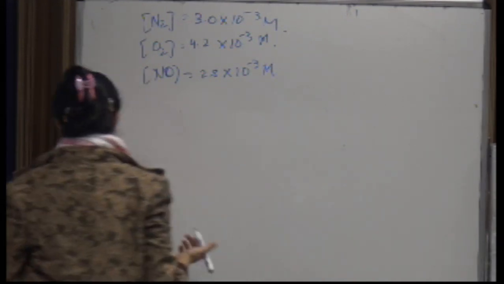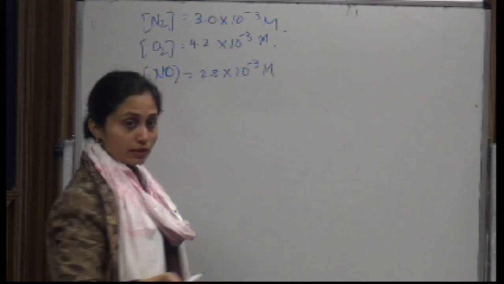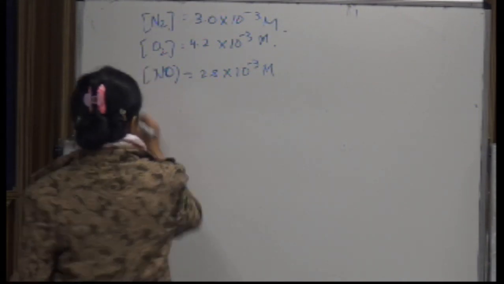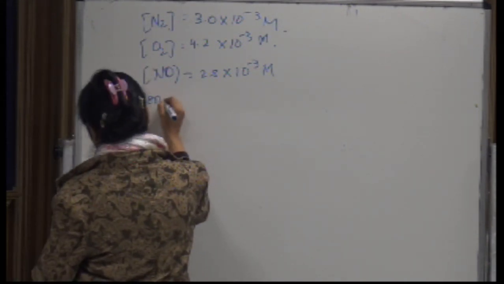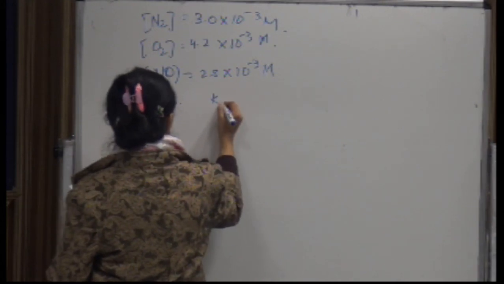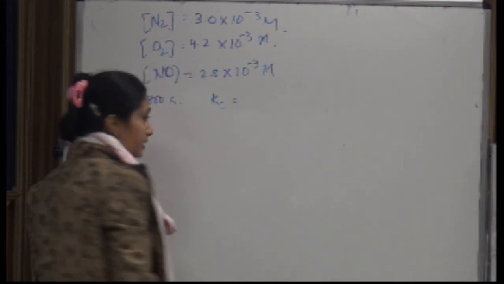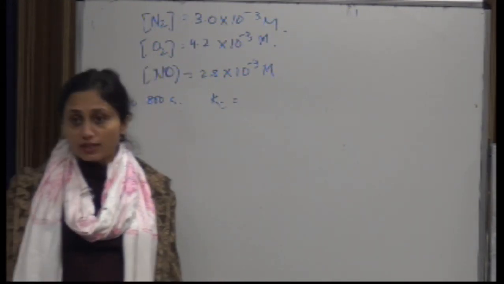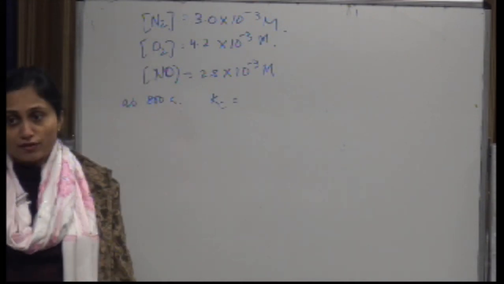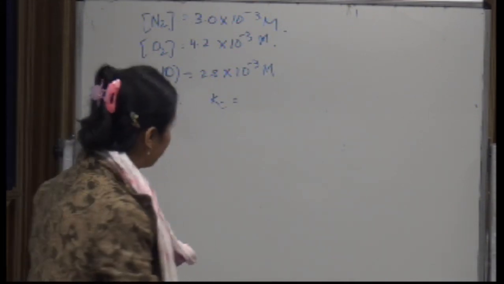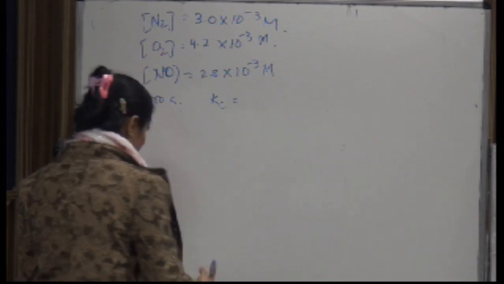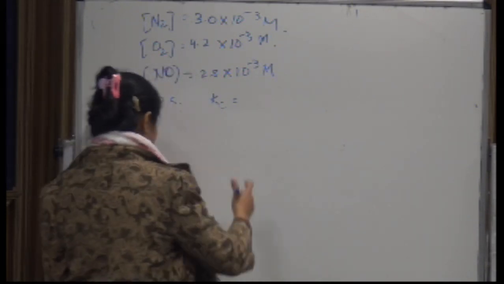The reaction is carried out and has attained equilibrium in a sealed vessel at 800 Kelvin. What is the Kc for this reaction? In this reaction, remember, temperature is just given so that you know that the equilibrium has been achieved at this temperature.